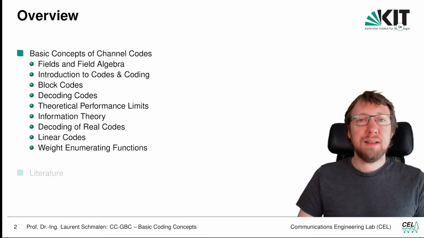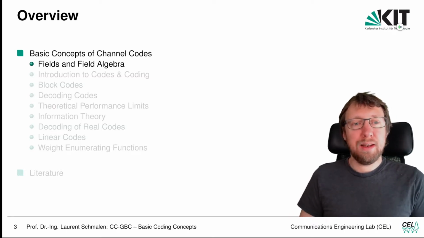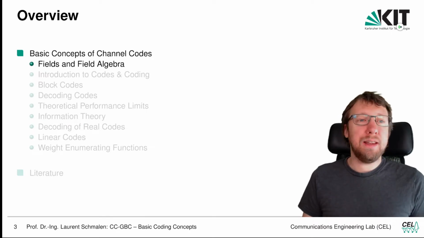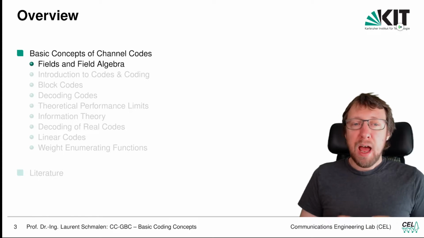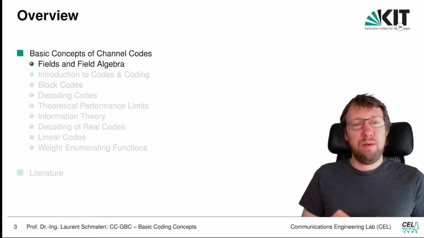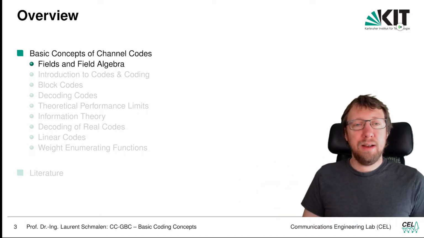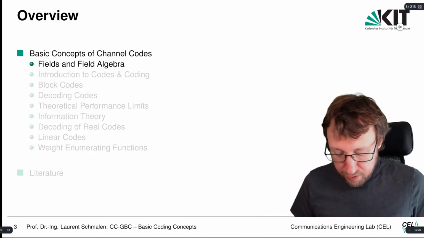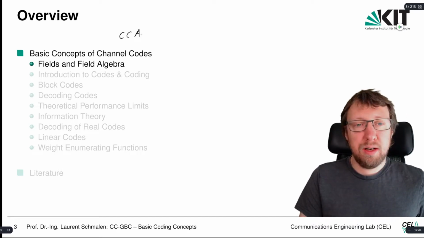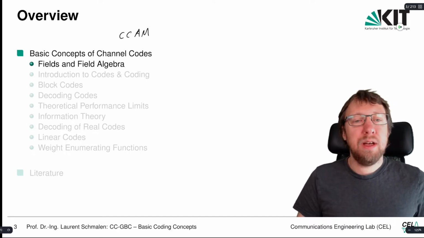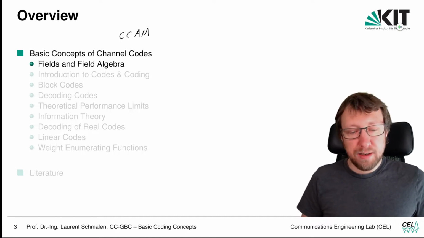We will start this chapter with an introduction to fields and field algebra, because that's the underlying mathematics of the codes that we are going to look at. And we will just give a very quick introduction. We'll have a much more detailed and devoted introduction to fields and field algebra in our other lecture, which is abbreviated CCAM, Channel Coding Algebraic Methods for Communications and Data Storage.